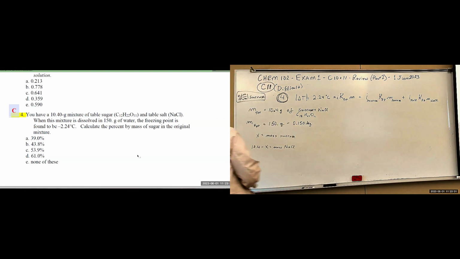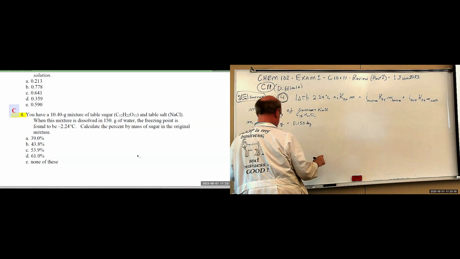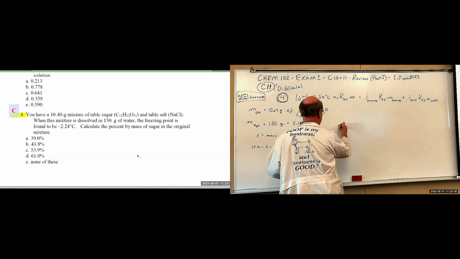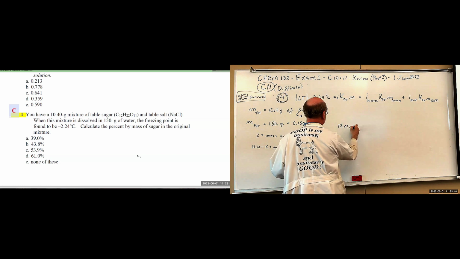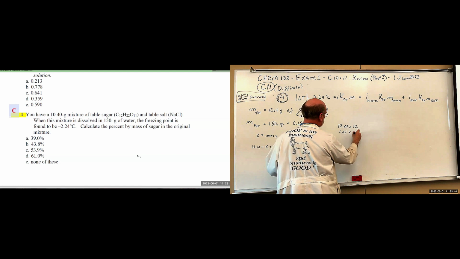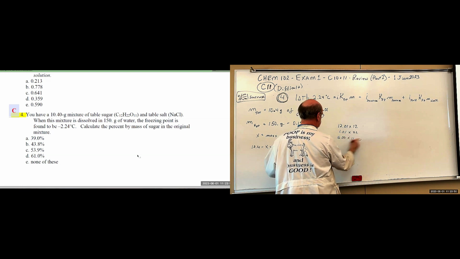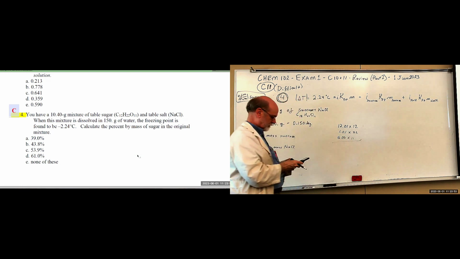Carbon, 12.01. So let's do it over here: 12.01 times 12, and then 1.01 times 22 for hydrogen, and oxygen, 16 times 11. Then add them together.